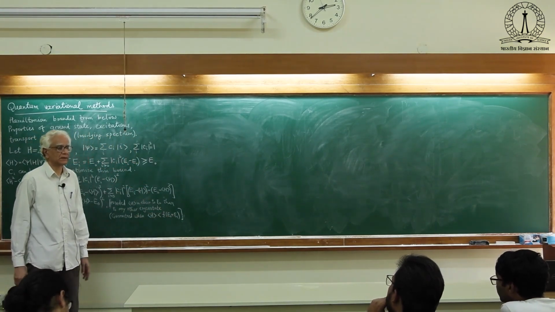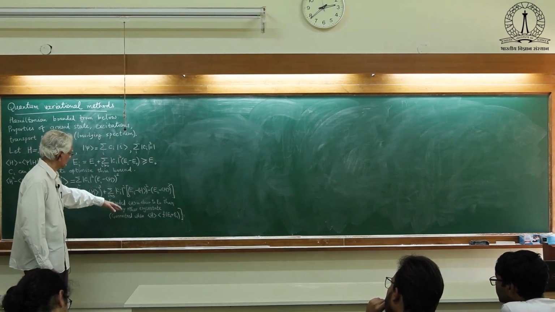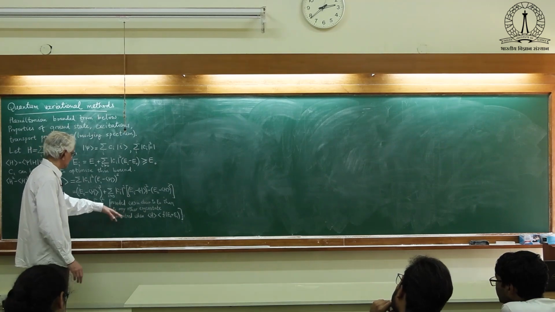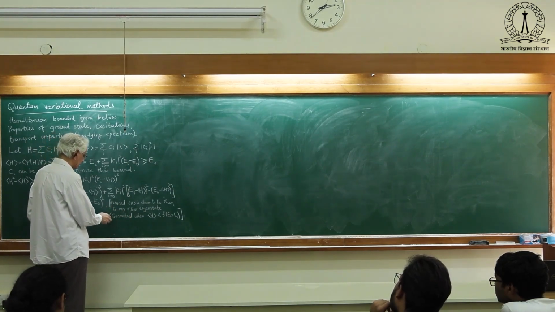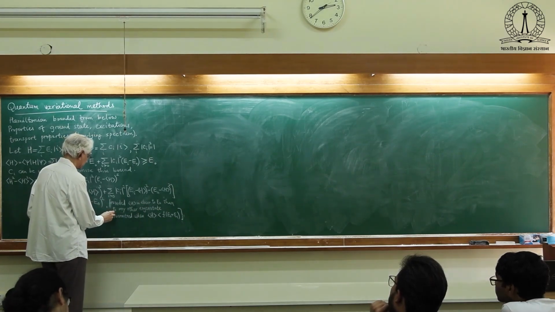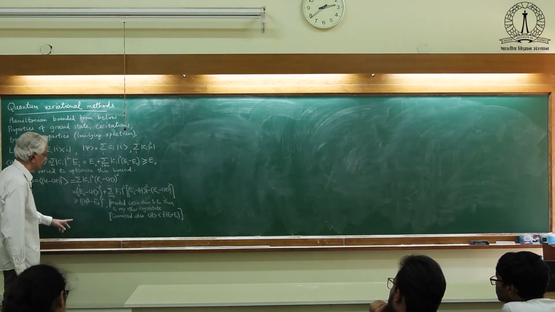If you are closer to the ground state, then everything else will be in place. You don't have to have such a strong constraint, but it's a sufficient condition. Okay.